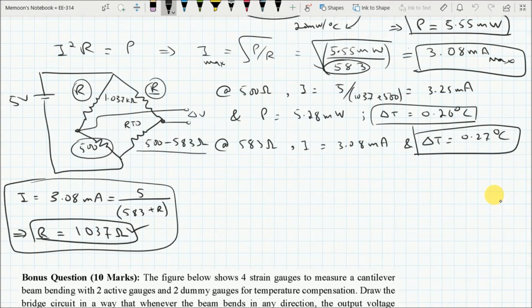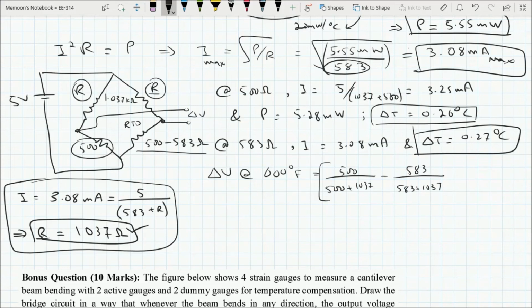Let's calculate delta V at 600 degrees Fahrenheit, and that will be equal to 500 over 500 plus 1037 minus 583 over 583 plus 1037, into 5, and we'll get a voltage output of 0.173 volts.